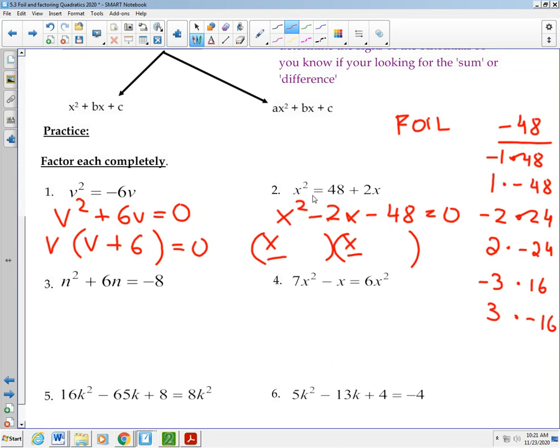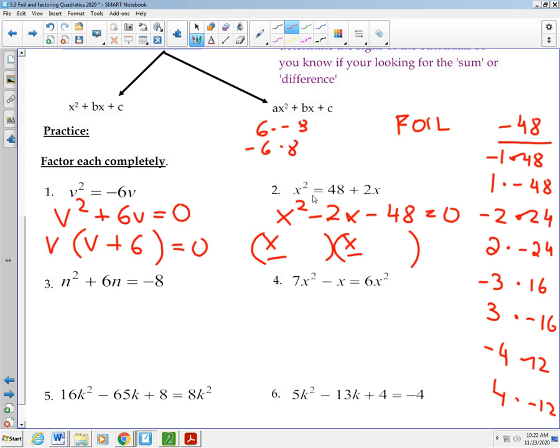It could be also 4 times 12, so negative 4 times 12, but it could be also equal to 4 times negative 12. Okay, and I'm going on, and it could be also 6 and 8. Okay, so I don't have space, but I'm gonna say it could be 6 times negative 8, but it could be also negative 6 times positive 8.